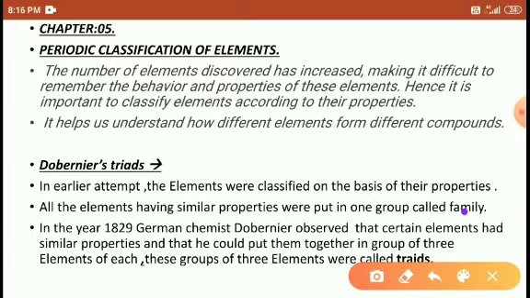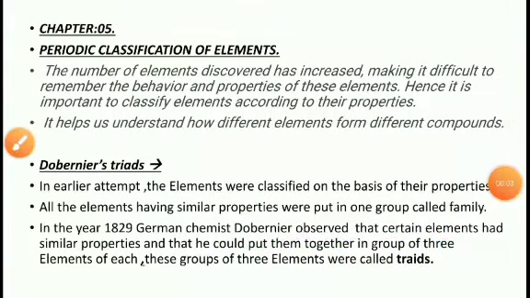Right, friends? So the German chemist Dobereiner observed that certain elements had similar properties, and he put them together in groups of three elements. He called these triads.